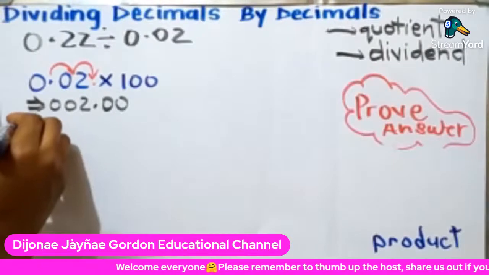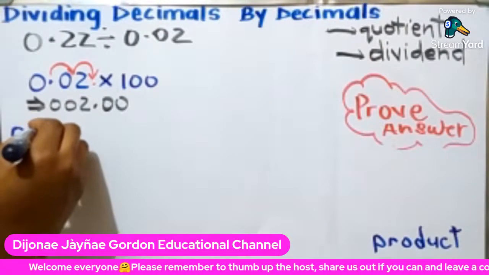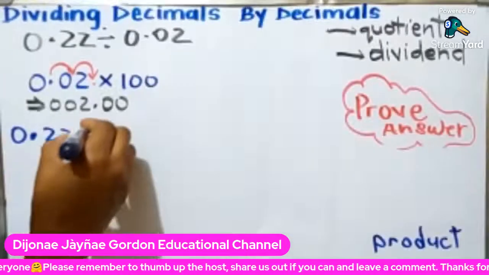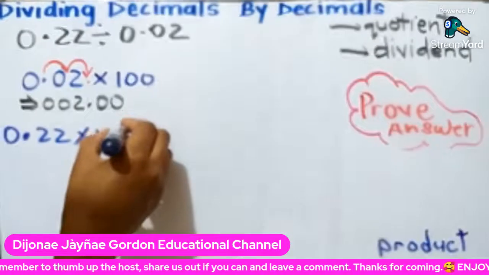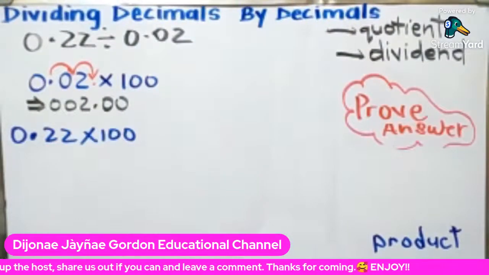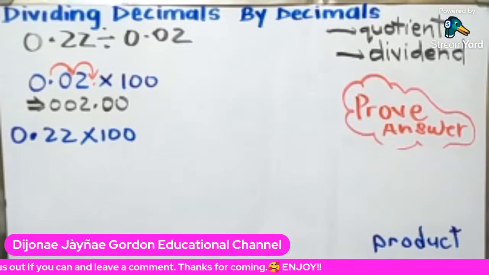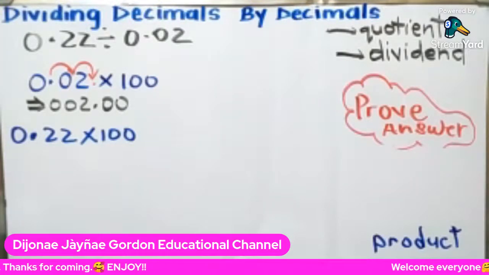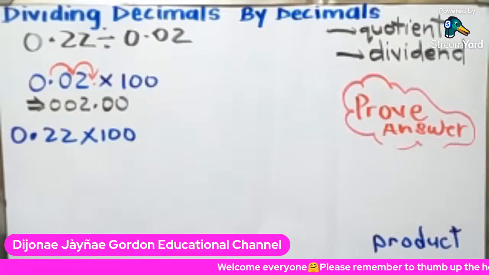So we have 0.22 multiplied by 100. Remember, in 100, we have 2 powers of 10, and we are going to move 2 places to our right.